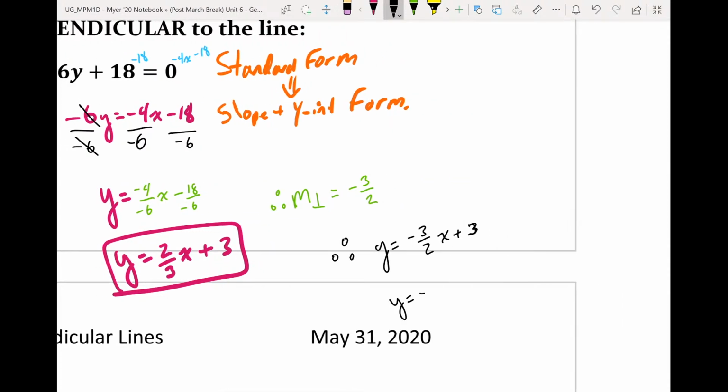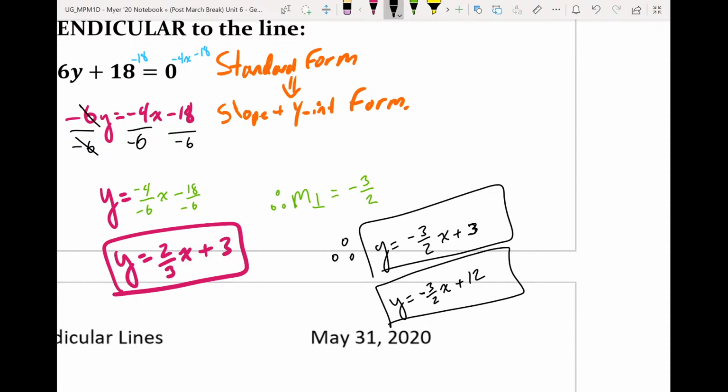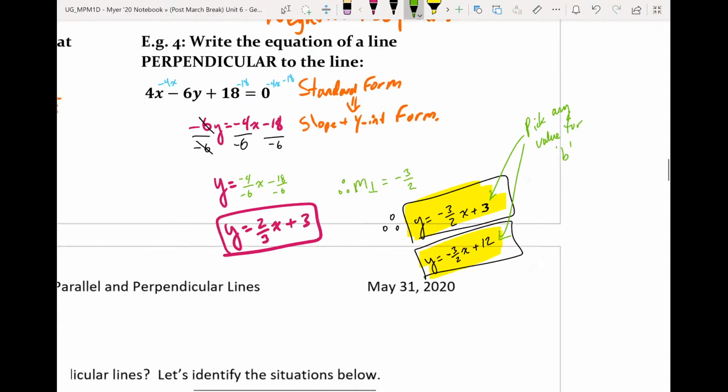Again, the y-intercept doesn't matter as long as we have the slope correct. So I can pick any value for b.